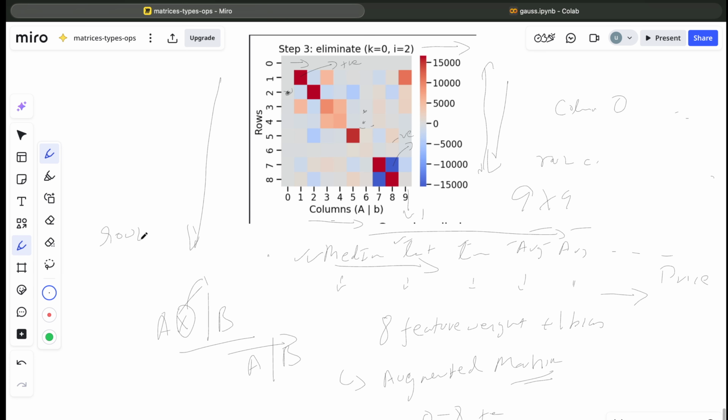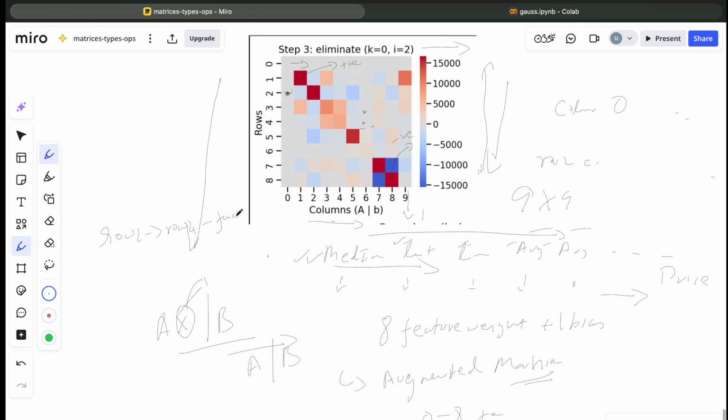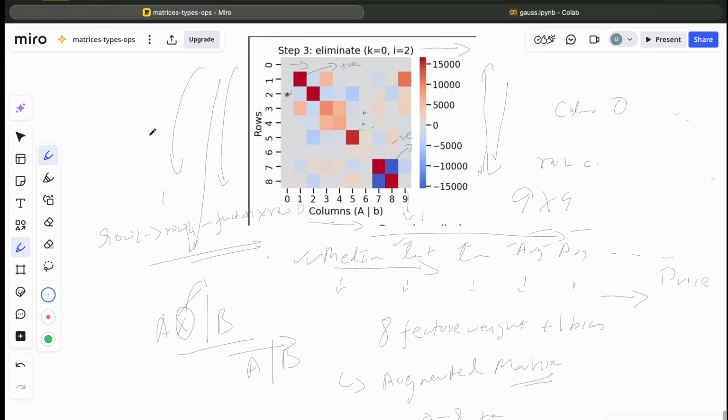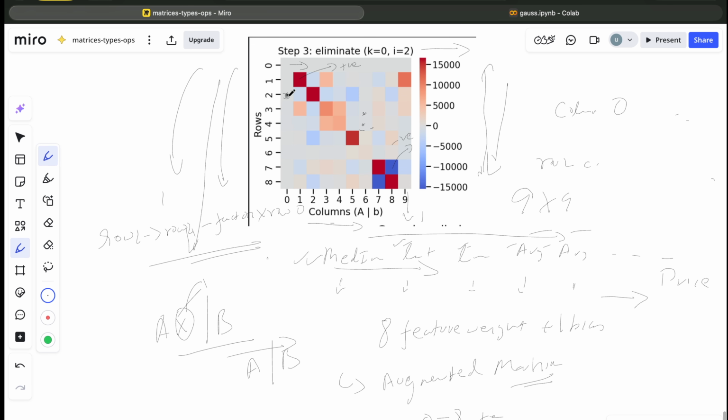Remember the row operations that we were doing: row 2 becomes row 2 minus factor times row 0. Remember these were the row operations on the augmented matrix to reduce it to row echelon form and then get the answers. That makes the row 2, column 0 spot gray, basically 0.